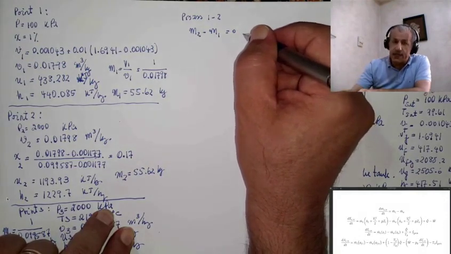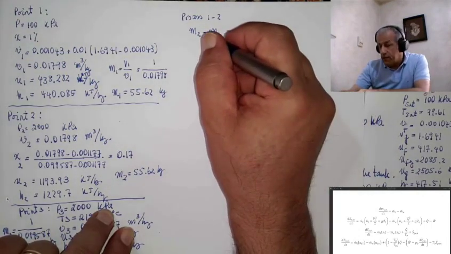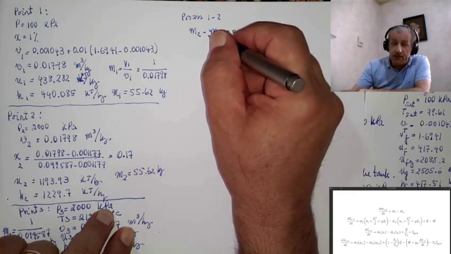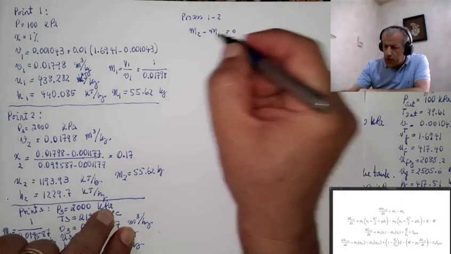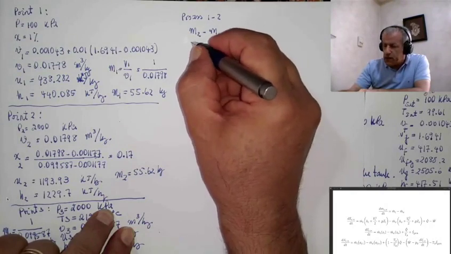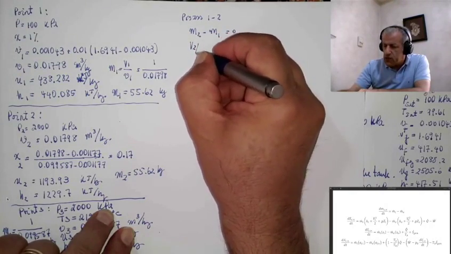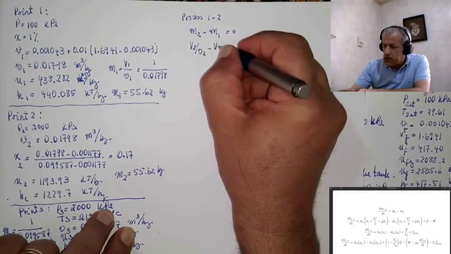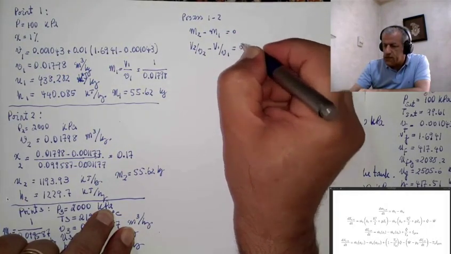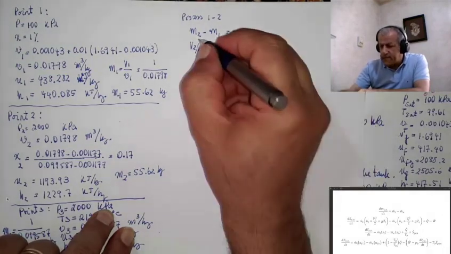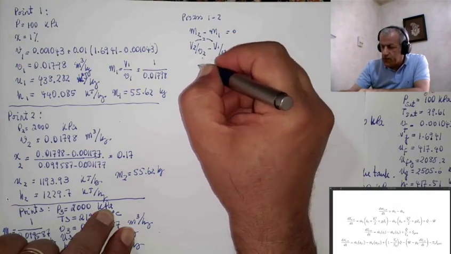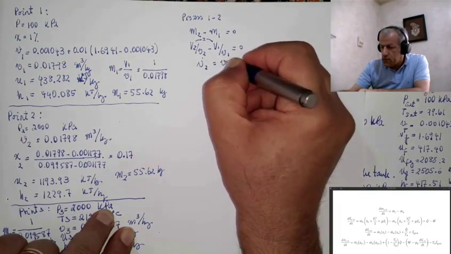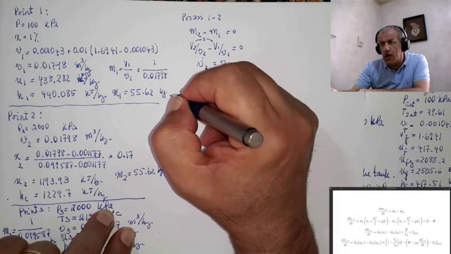And since there's nothing in or out, from the mass conservation law we conclude that mass remains the same. We may also write this equation in a different way. We could write it as V2 over v2 minus V1 over v1 equals 0. And since V1 equals V2, that means v2 equals v1. That's the conclusion I made here.